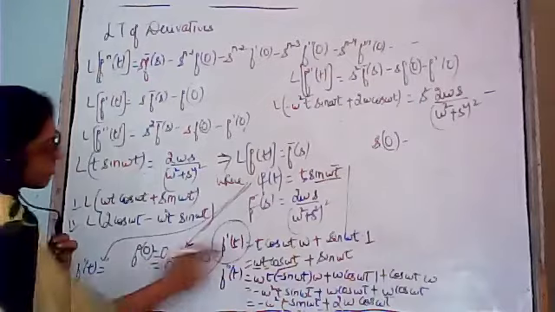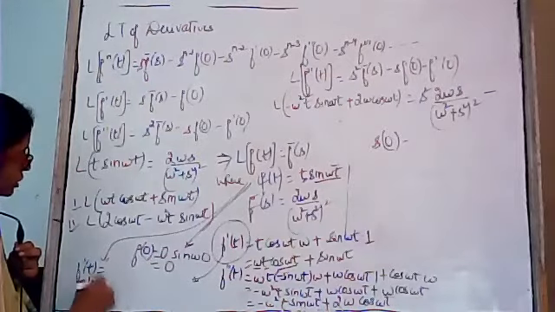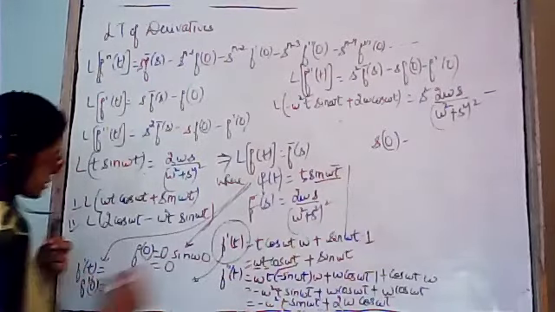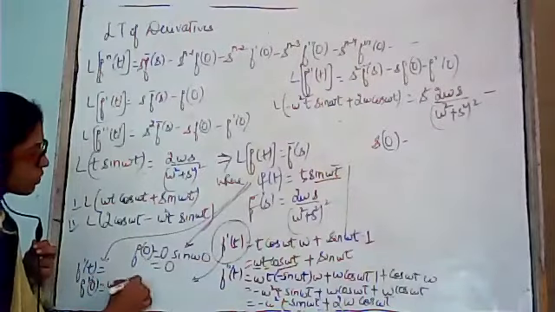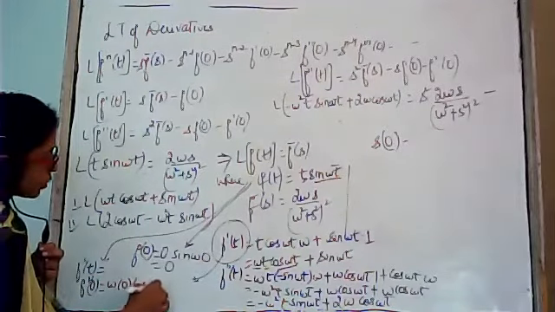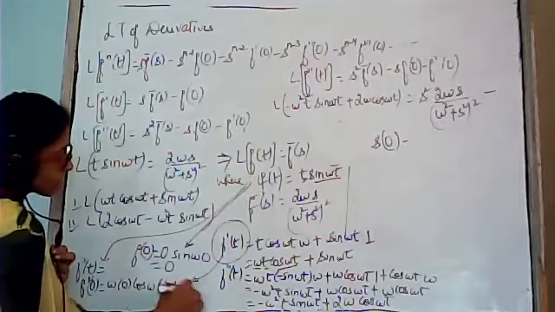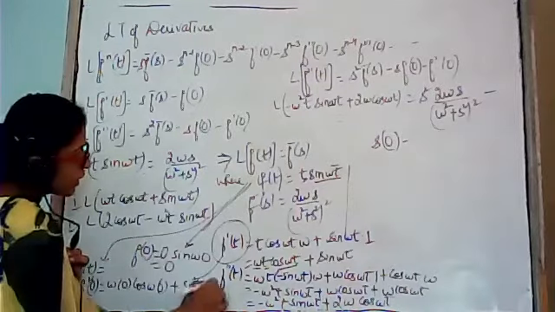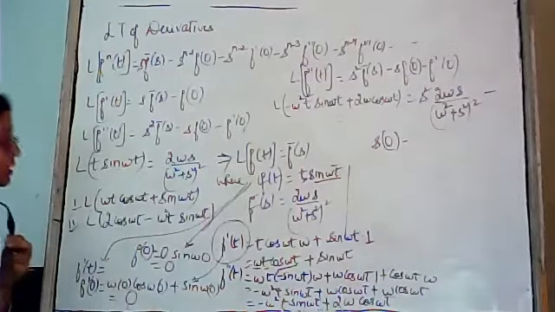From this term, f dash 0 will be omega into 0 cos omega into 0 plus sine omega into 0. So this term will again be equal to 0.